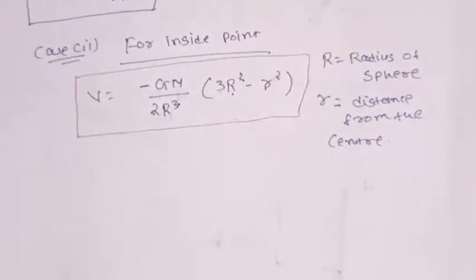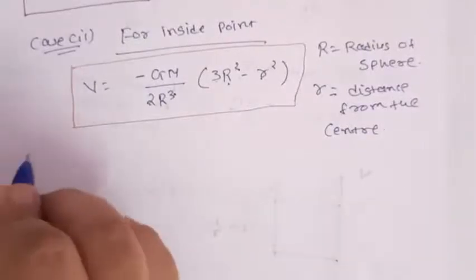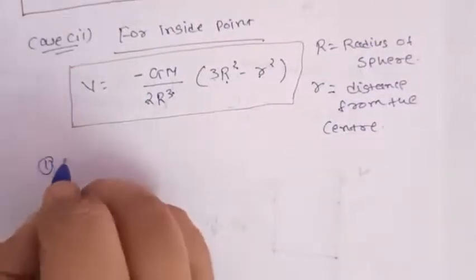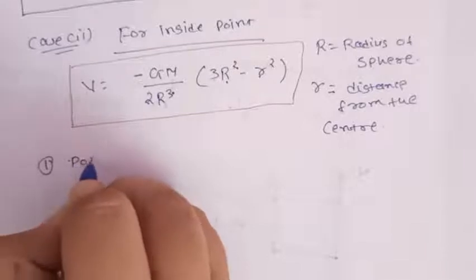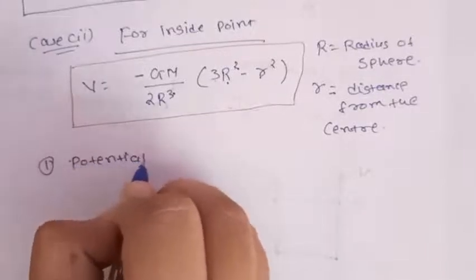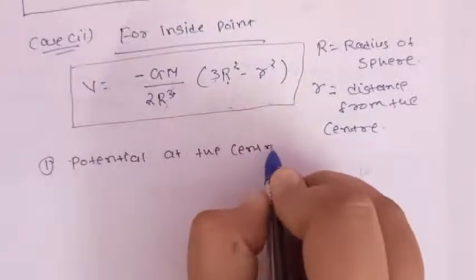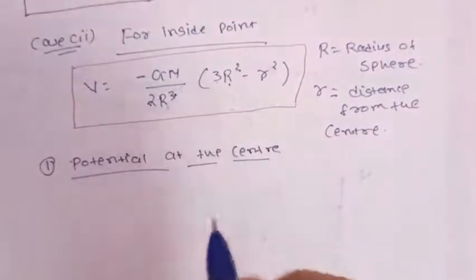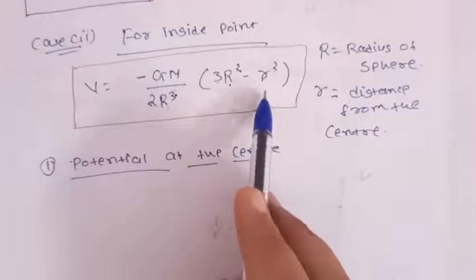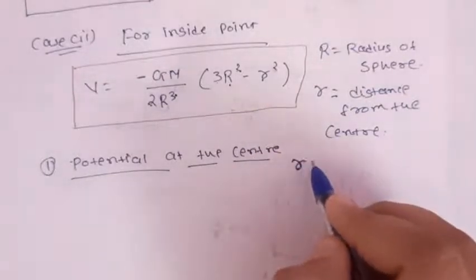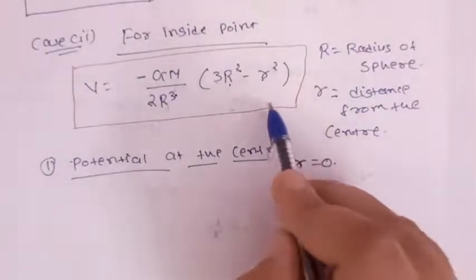Now let us see different cases for that. The first one is potential at the center of the sphere. To find potential at the center, put small r equal to 0 in this equation.